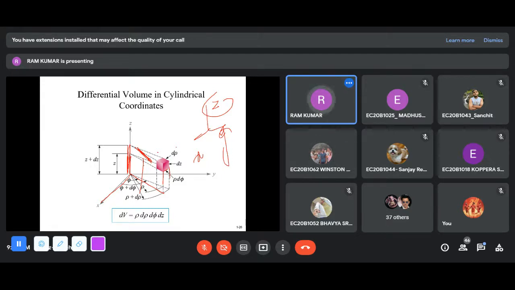To represent the component due to the angle phi, we should have a unit vector. Then only can we represent the whole component. That is what the unit vector is for.